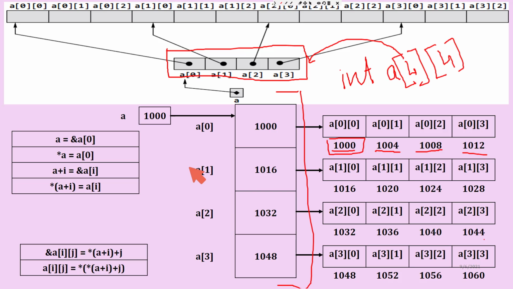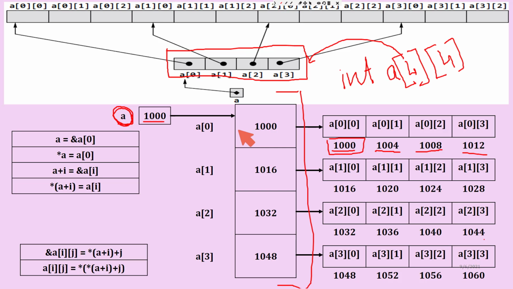Again, listen carefully. I already told you, if there is a one-dimensional array, internally we have a pointer also. This is an internal one-dimensional array, and for that internal array I have a pointer called A. That pointer contains the starting address of the 2D array, because 1000 is the starting address.